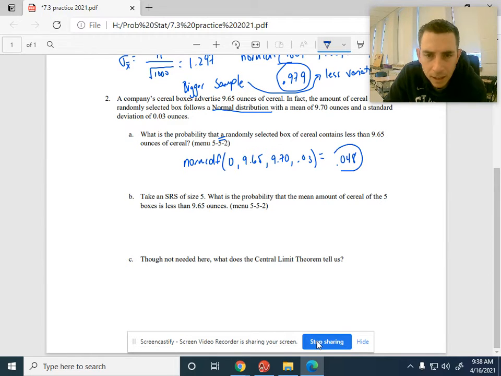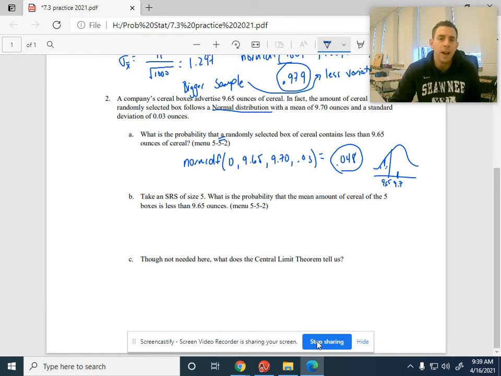And that makes sense, right? Because think about this. If this is normal, the mean is 9.7. Let's just say here's 9.65. What's the chances it's less than that? Well, not so much, because it's not that varied. Now let's take a sample of size 5. If we took the sample of 5 boxes of cereal and found their average weight, what are the chances that it would be less than 9.6?